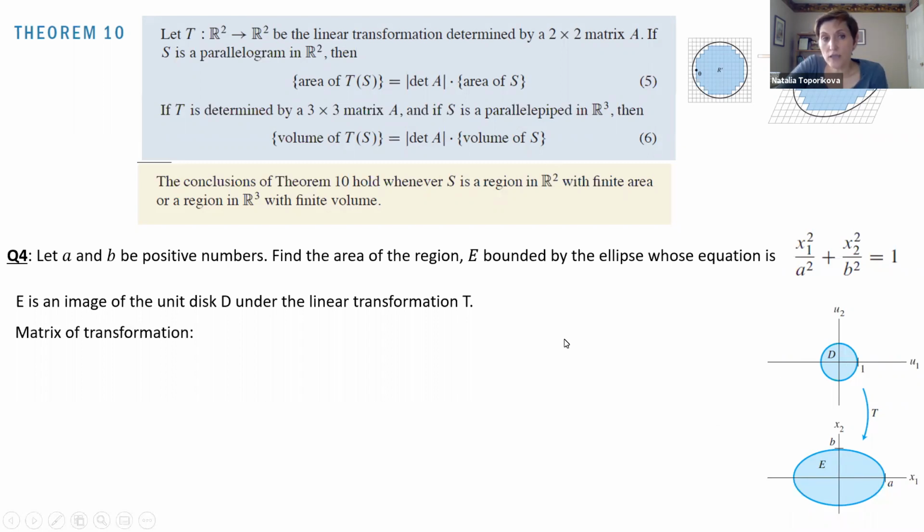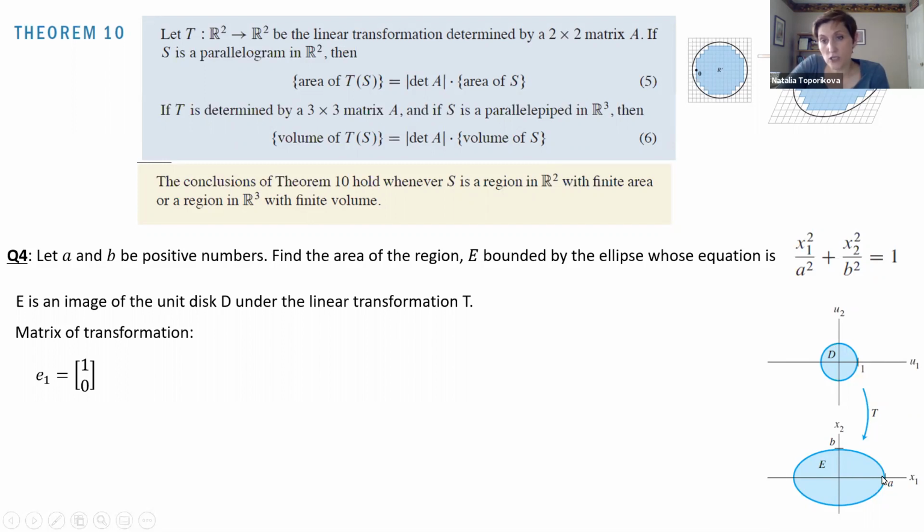So let's go ahead and find the matrix for this transformation. We know that the easiest way to find the matrix of a transformation is to track where the unit vectors go under the transformation. Let's start from the point (1, 0).